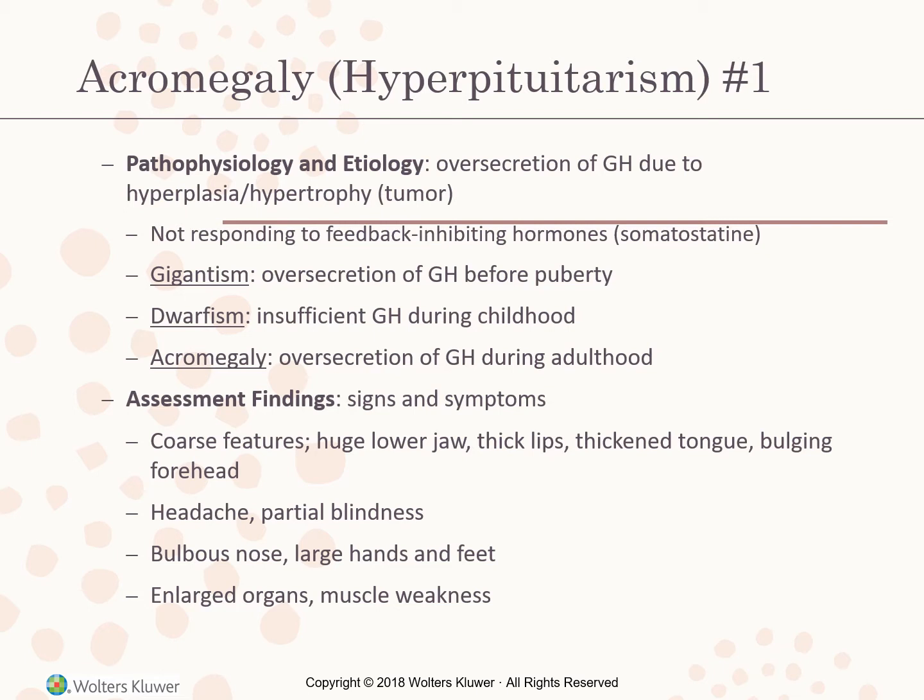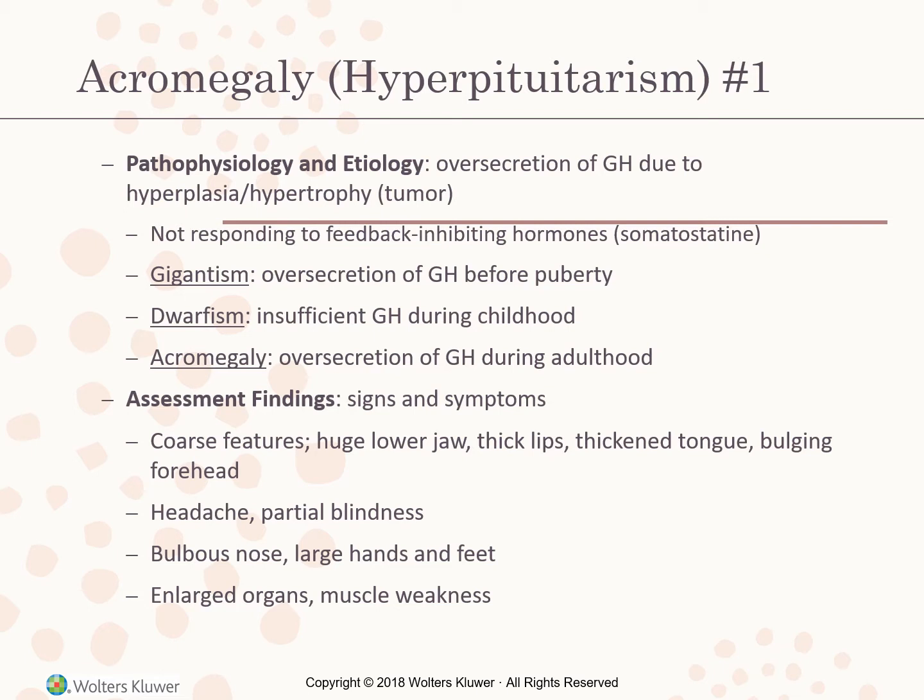The hypersecretion causes hypertrophy, which means your cell size increases, and hyperplasia, which means an increased number of cells. So basically, the size of the cell is getting bigger as well as the number of cells that are increasing. And this results in adenoma, which is a benign tumor. As with other cranial tumors, a benign pituitary tumor becomes a space-occupying lesion and can affect other cerebral structures.